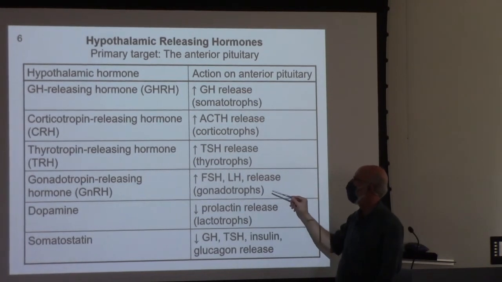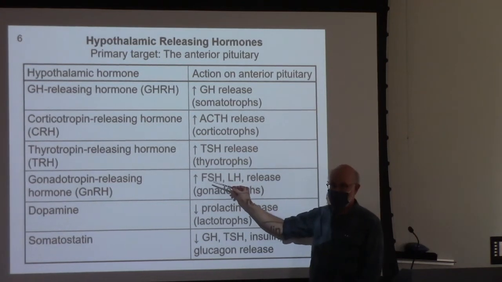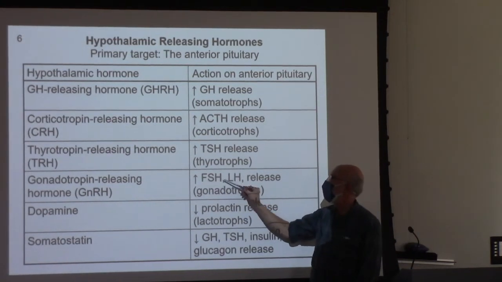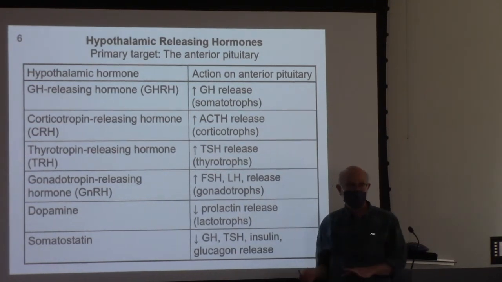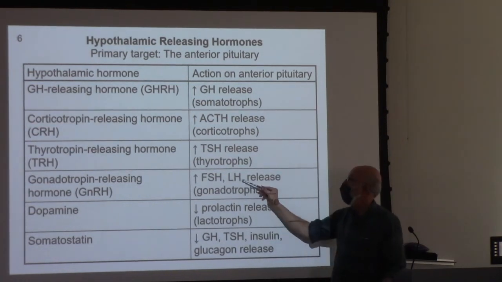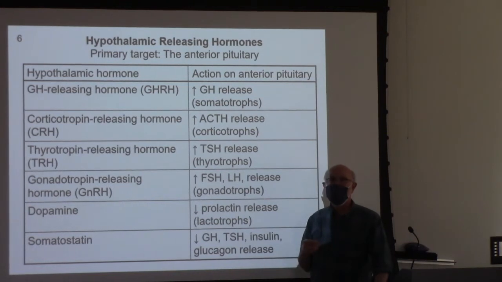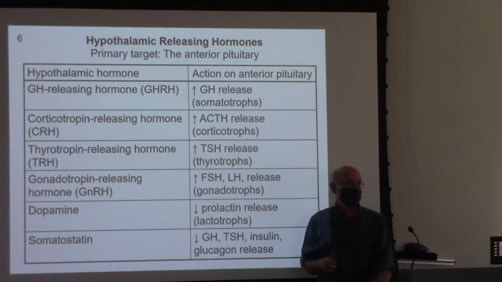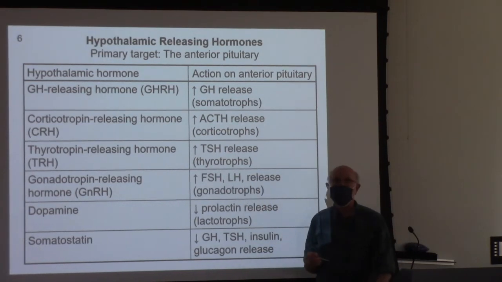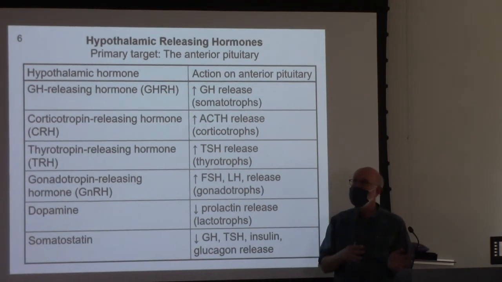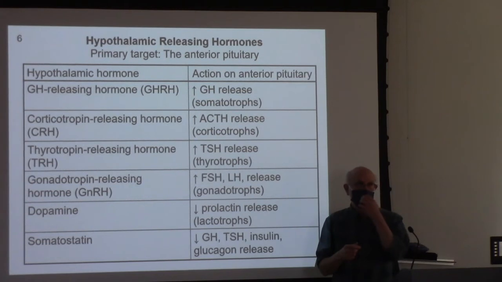Gonadotropes release hormones called FSH and LH in both male and female. And LH and FSH are hormones associated with human reproduction. So we're going to get to the effects of LH and FSH when we talk about male and female reproductive endocrinology.